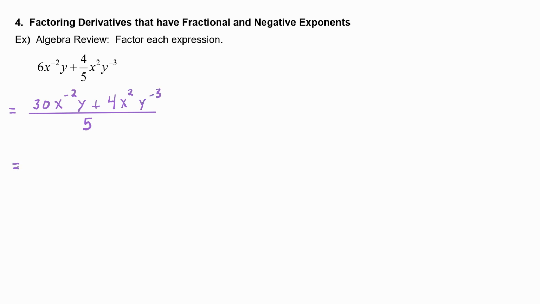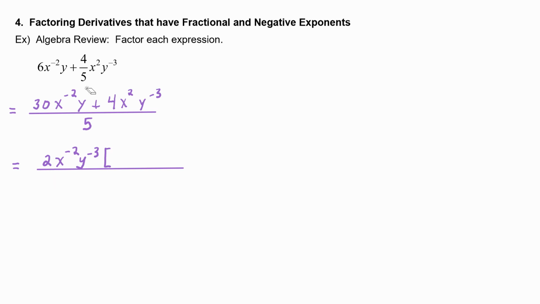Now we can easily factor the numerator. The greatest common factor for these two terms is going to be 2x to the negative 2 y to the negative 3.